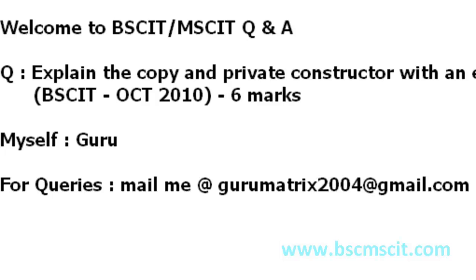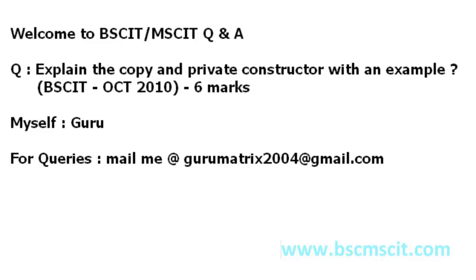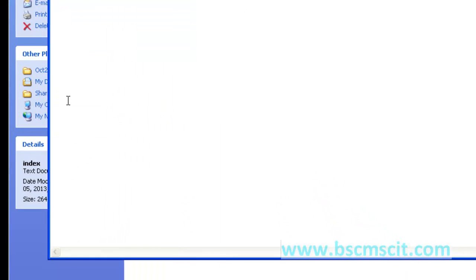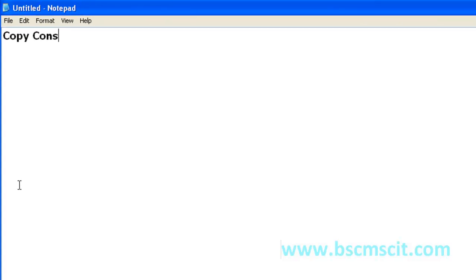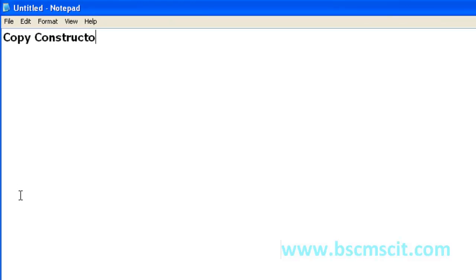So here we go, copy constructor. Let me open up my notepad and write this. A copy constructor copies all the values, or all the data, of an object into another new object.